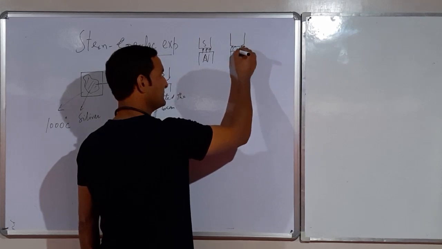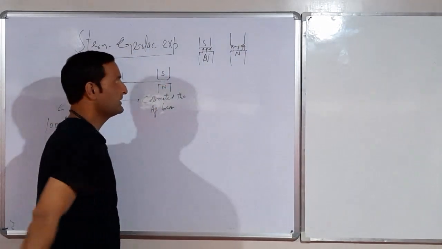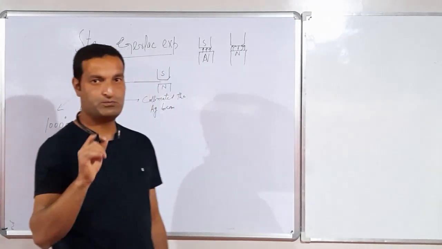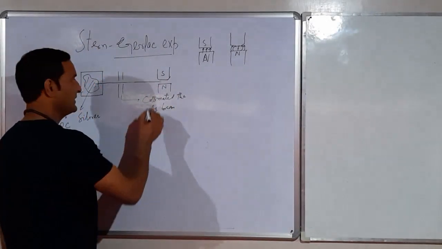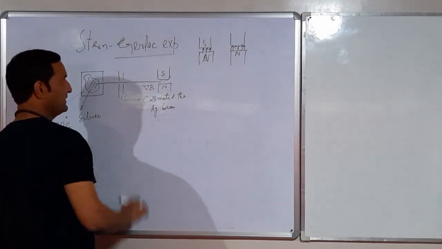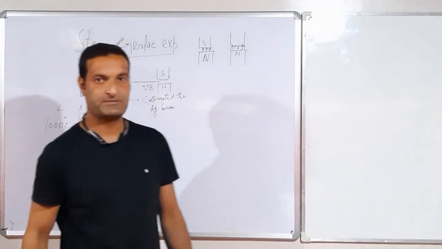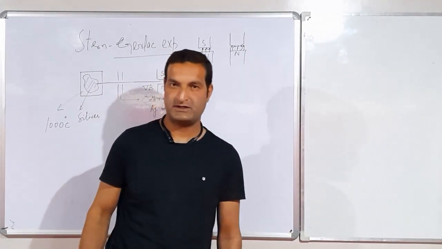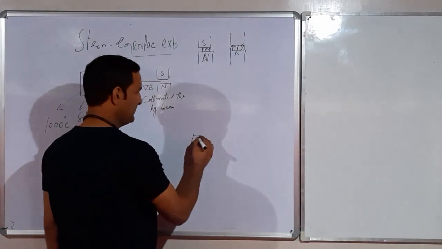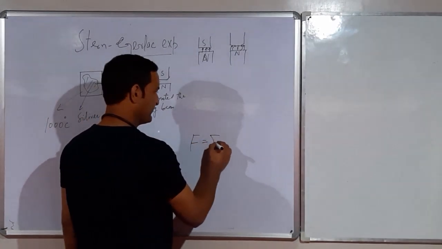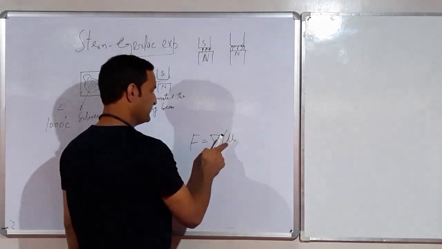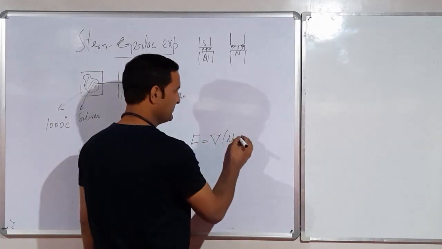There is a change in magnetic field by position, that is called the gradient of B. In this inhomogeneous field, the electron will experience a force. That force will be represented as F equals gradient of mu dot B, where mu is the magnetic moment associated with the spin of the electron.